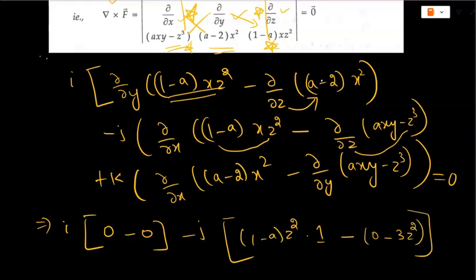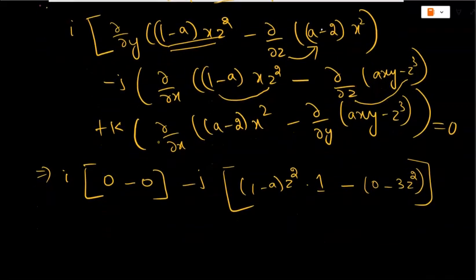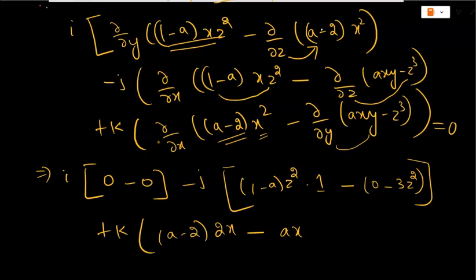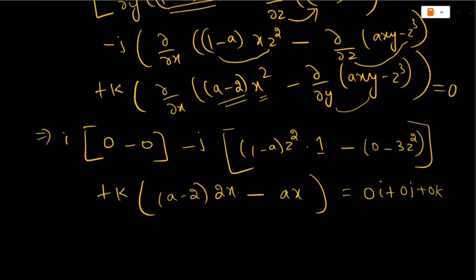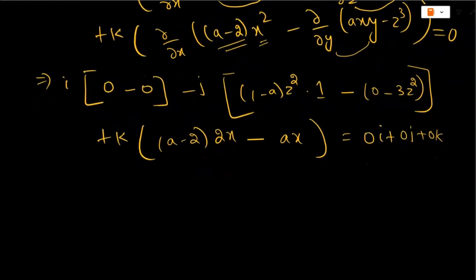And your last term, that is k. Of course, k has x terms. a minus 2 into x square, differentiation is 2x, so a minus 2 into 2x, minus, with respect to y, ax, and then the other term will become 0. This is equal to 0. 0 I can write as 0i plus 0j plus 0k. So we'll be equating i with i, j with j, and k with k. So this is 0, this is also 0, leave it.